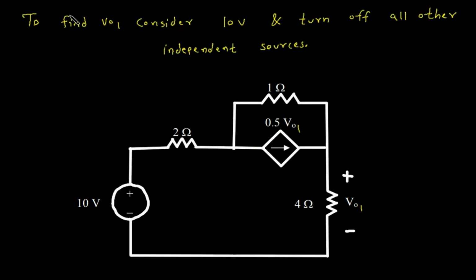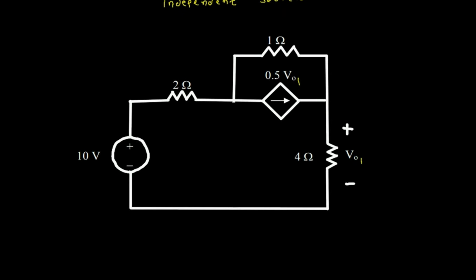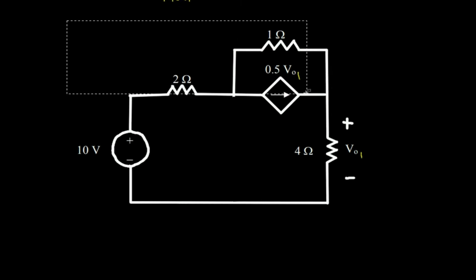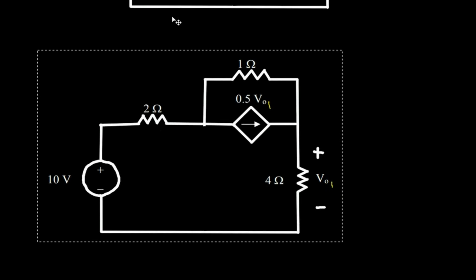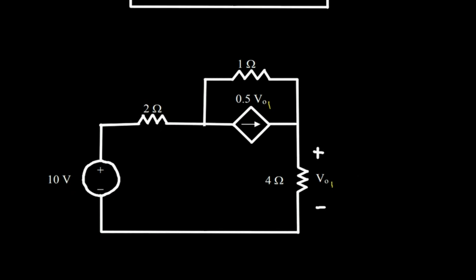Now this is a voltage controlled current source. To simplify this circuit, we will convert this voltage controlled current source into a voltage controlled voltage source. This resistor is in parallel with this dependent source, so this will come in series. Here 1 ohm resistor.